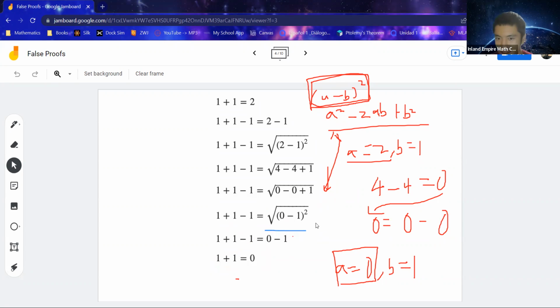Lloyd, good job, excellent observation. Let Lloyd elaborate. Okay, Lloyd, what do you mean by this line? What specifically went wrong here? You can feel free to type in the chat if you want, or you can just unmute.